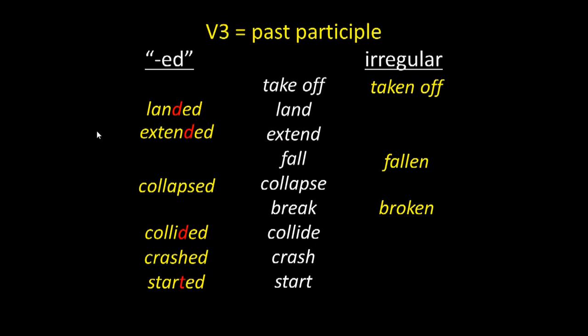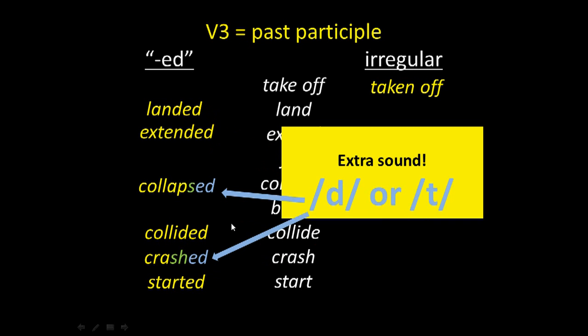However, any other sound, whether it's a consonant sound like s or sh, we just add a d or t, just an extra sound, no extra vowel. So collapse becomes collapsed. Crash becomes crashed. Even if it's a vowel sound, for example, vary becomes varied. So no extra syllable.